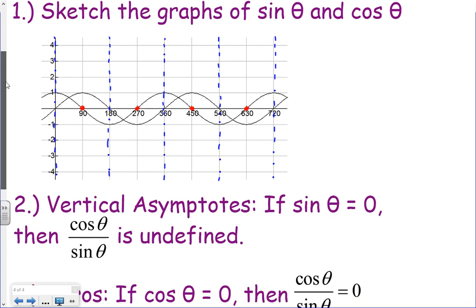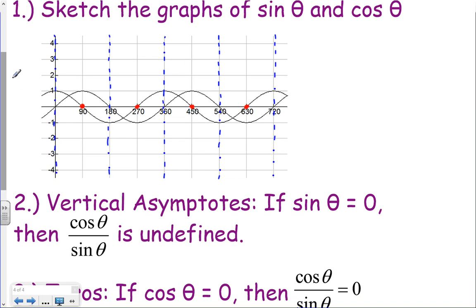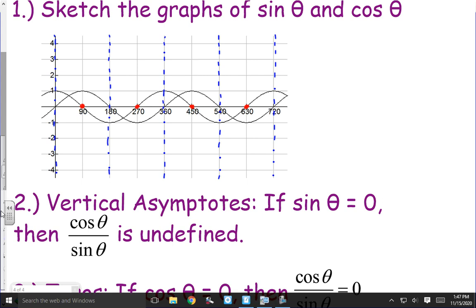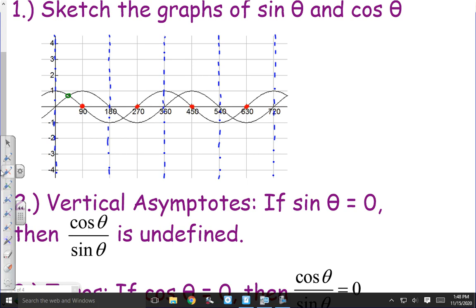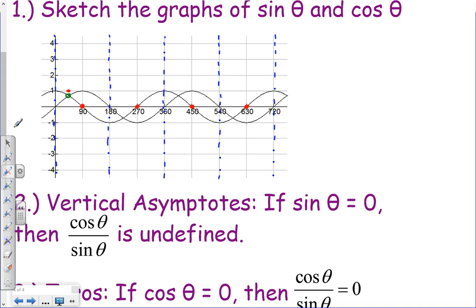All right, so I'm going to mark this in a different color here, but I can see the two functions intersect right here. Since they intersect right there, that means I can plot a point at y equals 1 right at that same x value. So right there is my point that I'm plotting. I can see that those two functions intersect right here again. So that means that their values are exactly the same.